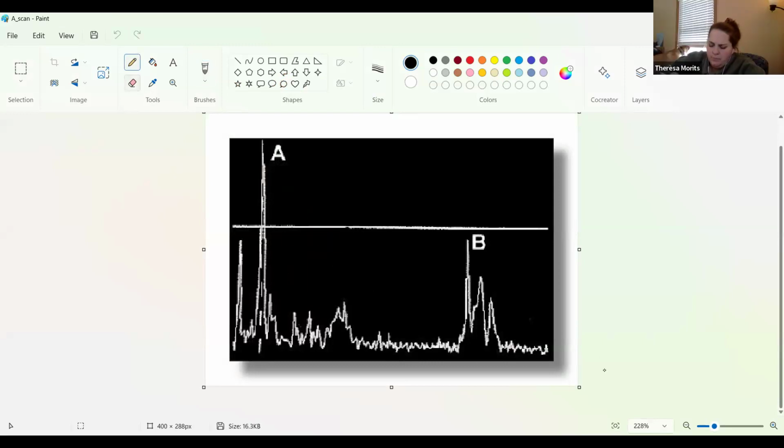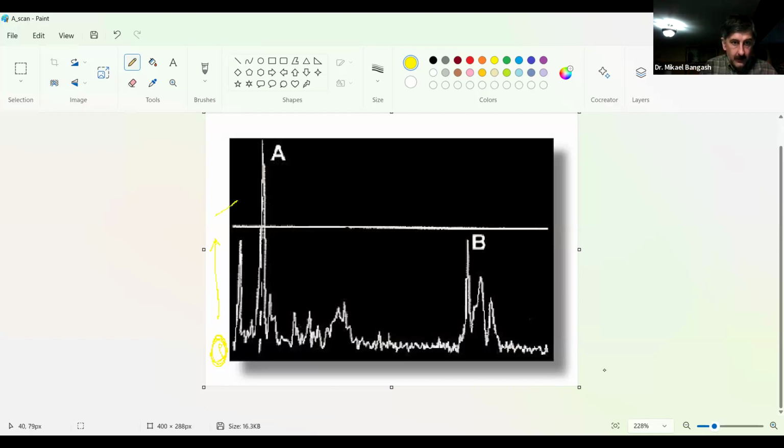Let me choose a color that's going to stand out. So we can say that this here would have been our 0 point. This is your y-axis, and that's going to indicate your amplitude. Whereas this here is your x-axis, and that's going to represent the depth.